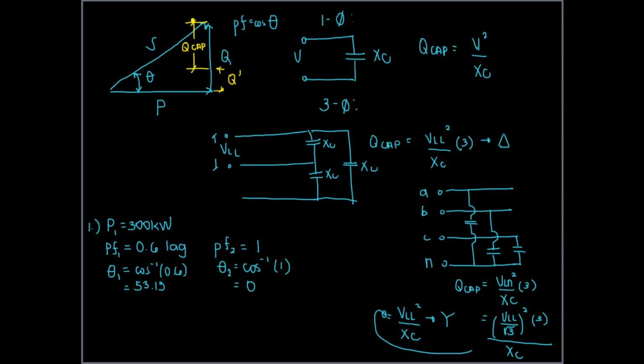The question is, how much more power can we accommodate for the same kVA loading? So that's very important because we know that S1 is the same as S2. So I'm going to draw the original triangle. This is the original triangle.